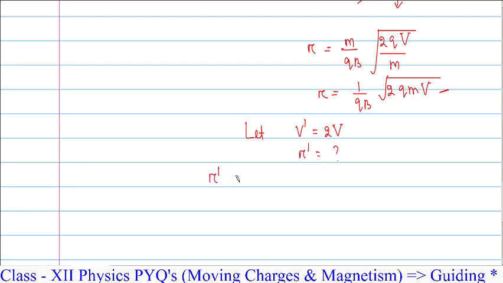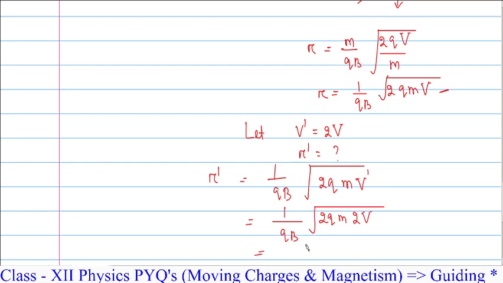The new radius can be written as 1 upon qB times the square root of 2qmV prime. If we put all these values here, 1 upon qB times the square root of 2qm into 2V.